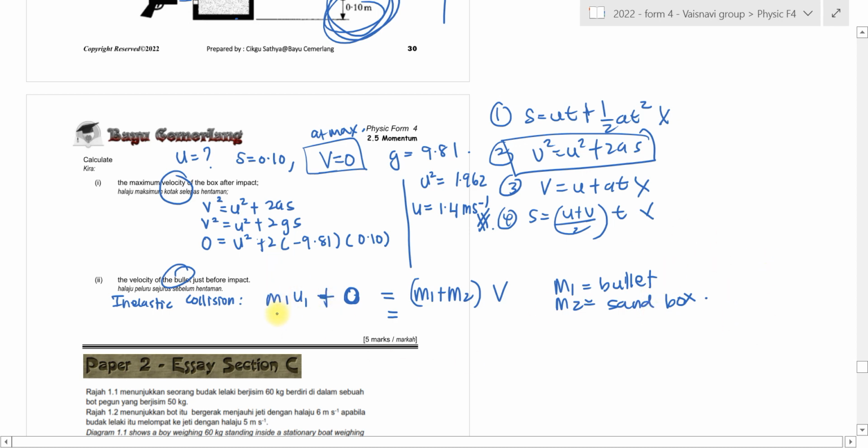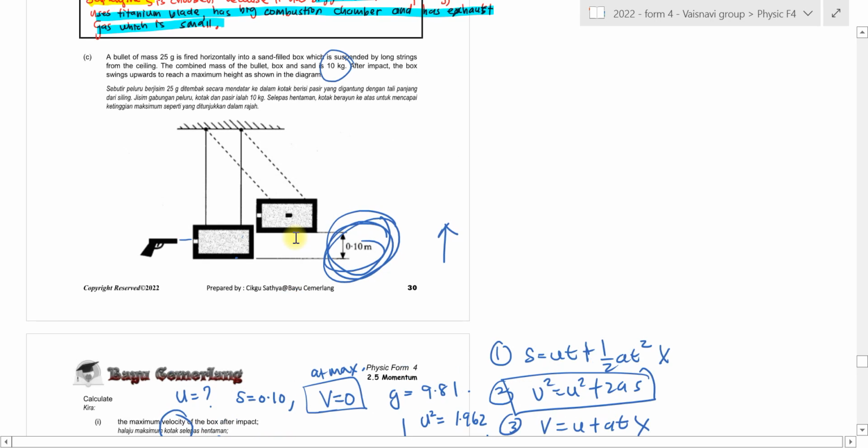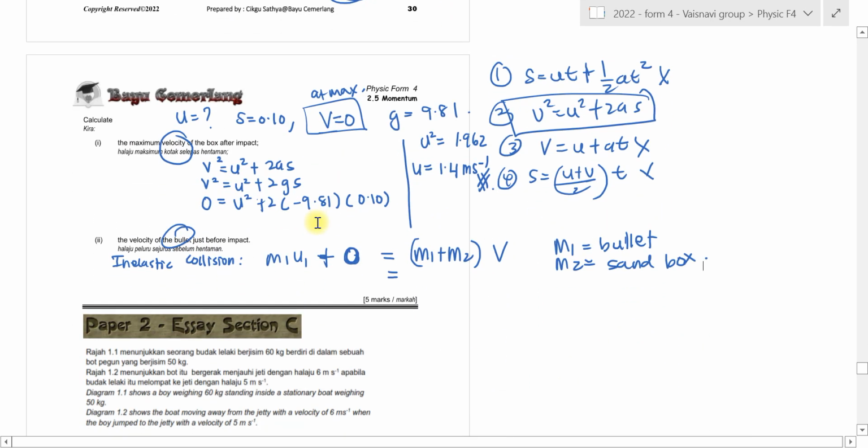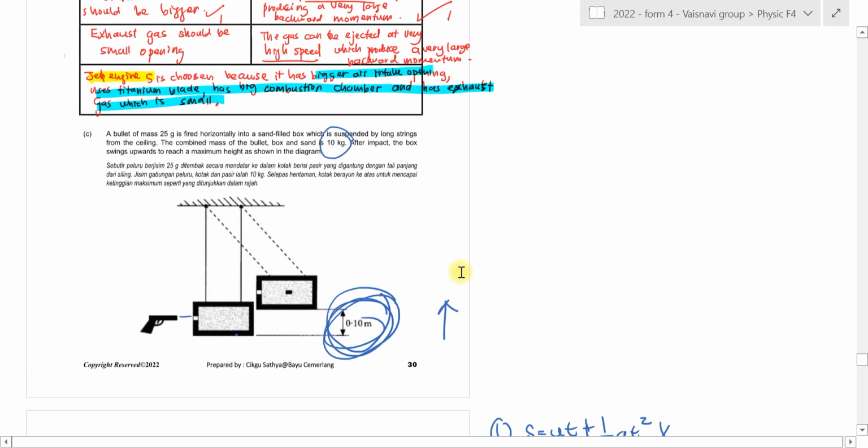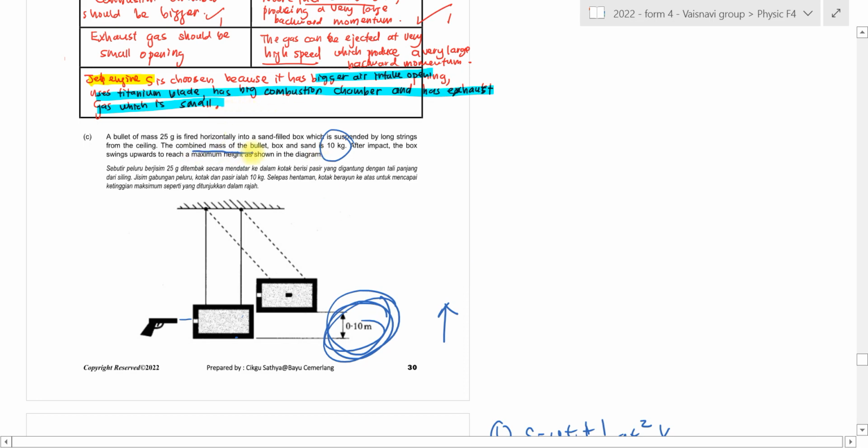Jadi M1 tu dia dah bagi tahu kan tadi mass dia berapa? Mass dia ada hanya 25 gram. Jadi 0.025. U1 ni kita tak tahu, itu yang kita nak cari. M1 plus M2 dia dah cakap kan, the combined mass of the bullet, box and the sand is 10 kg.